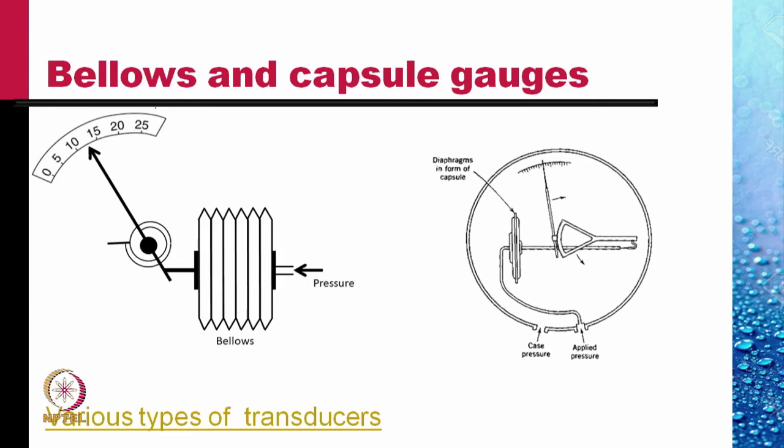The other types of gauges use bellows and capsules. In this first picture, there is one pressure which is applied on the outside of the bellows. The other pressure that we want to measure is transmitted inside the bellows, and depending upon the pressure, the bellows move in and out. And as the bellows move, they push the pointer around a scale.